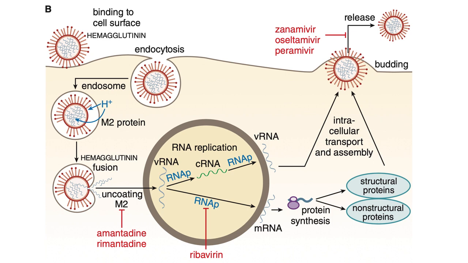So at this point, we have two classes of drugs that can be used for the therapy of influenza and RNA viruses. First is inhibitor of the uncoating M2 protein, which are amantadine and rimantadine, which can be used for severe influenza.